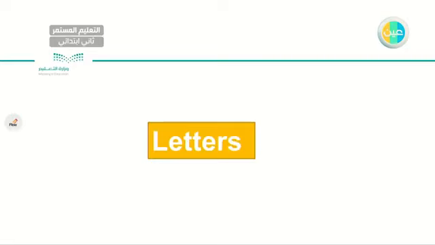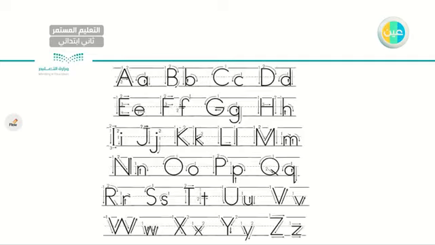So, let's introduce our lesson. As we've been doing this entire semester, we introduce letters starting from A. Today we will take the last 4 letters of the English alphabet. Let's try to remember the letters from the beginning. We have the alphabet starting from A, and I have the capital letter and the small letter. Let's read. Bismillah.